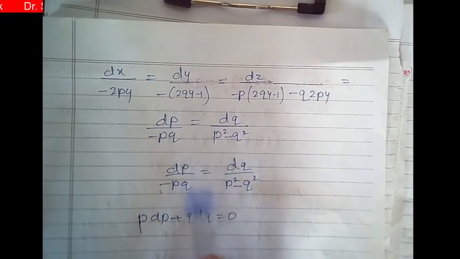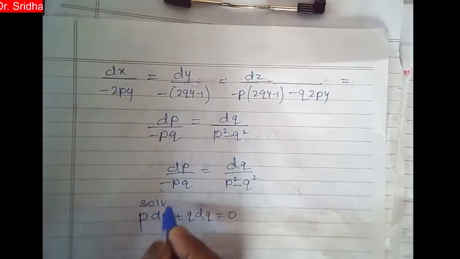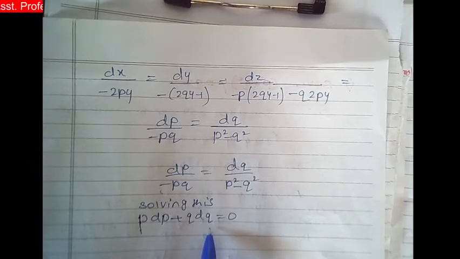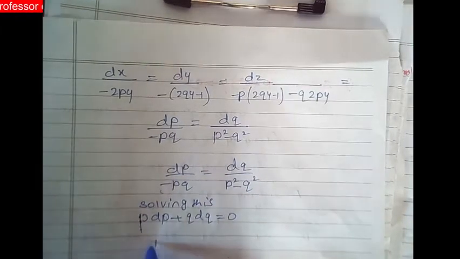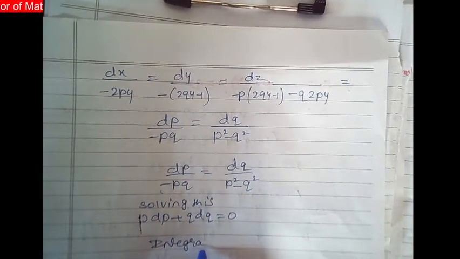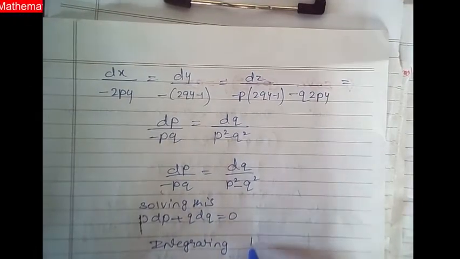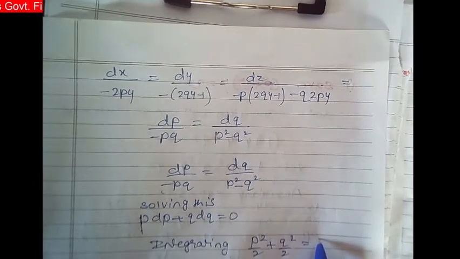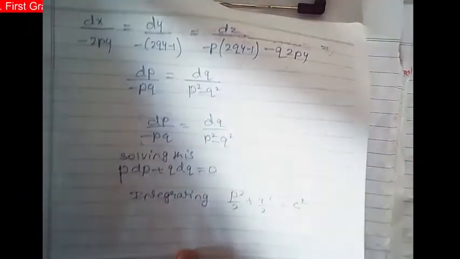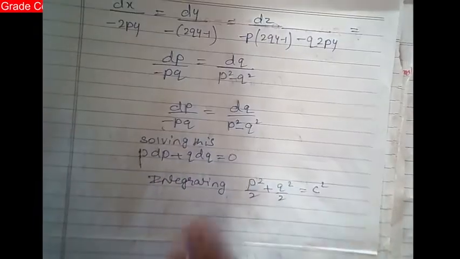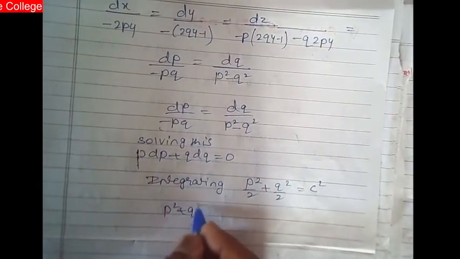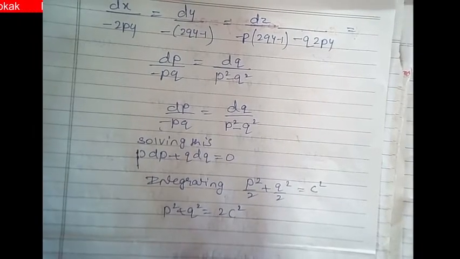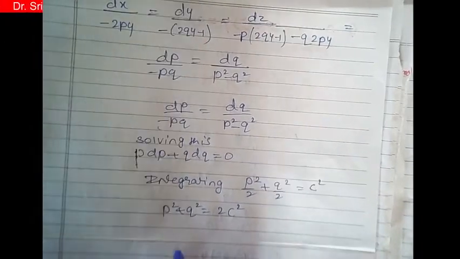Okay, and solving this, we get this equation. Then integrating, this is p square by 2 plus q square by 2 is equal to c square, or p square plus q square is equal to 2c square, taking LCM and all that.